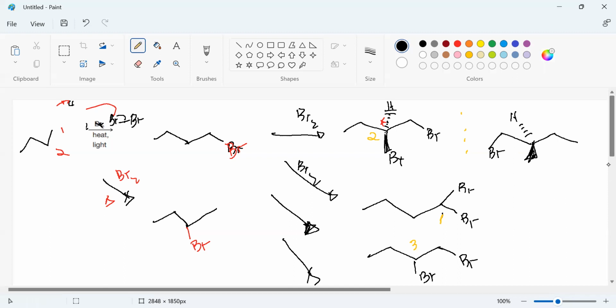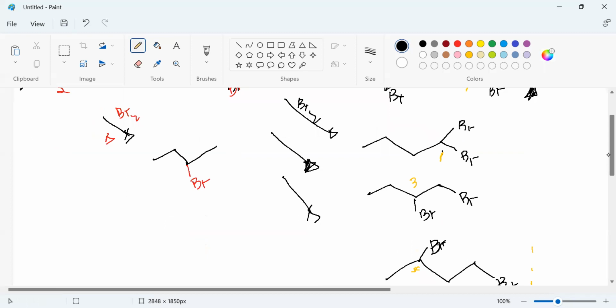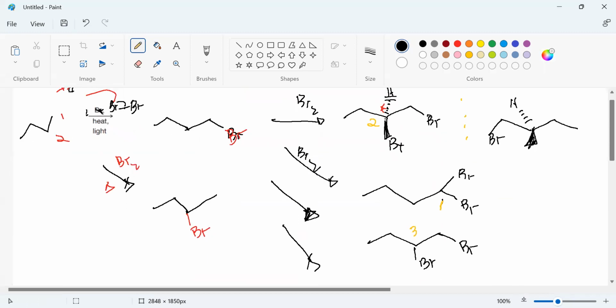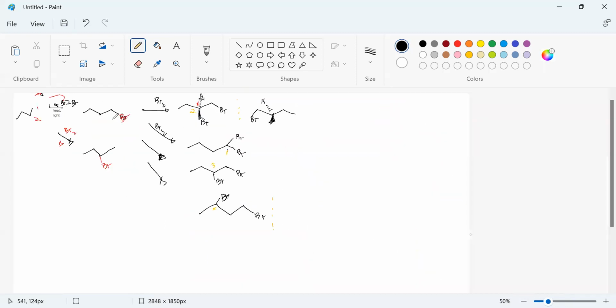What else? Aside from carbon 1, 2, 3, 4, this is carbon 4. Now you get an enantiomer also for this.